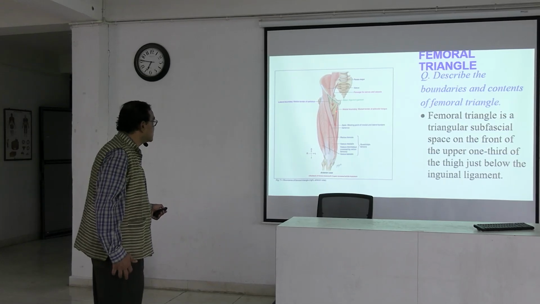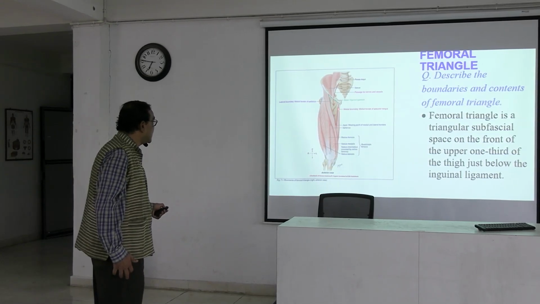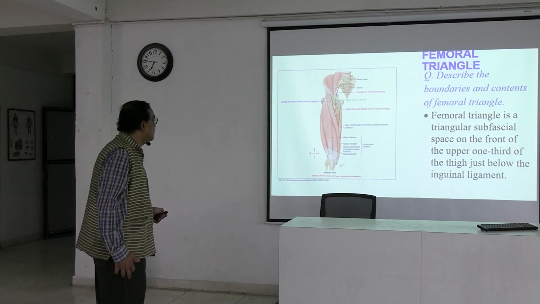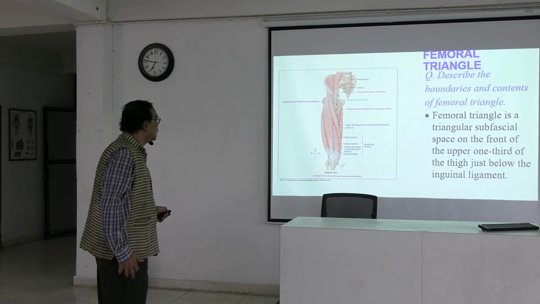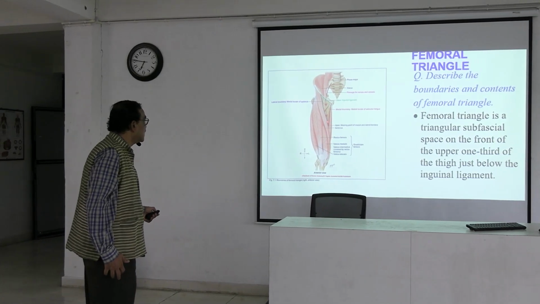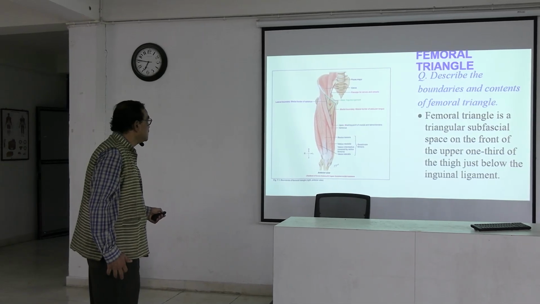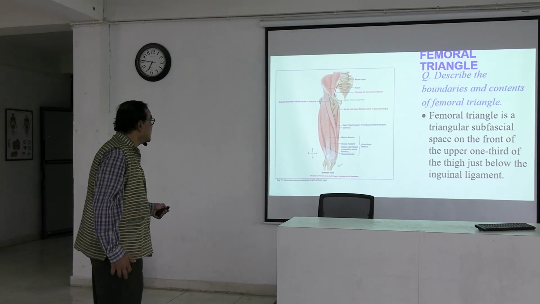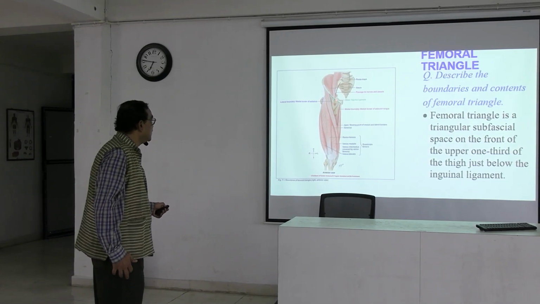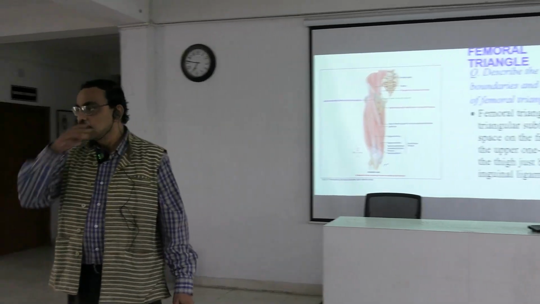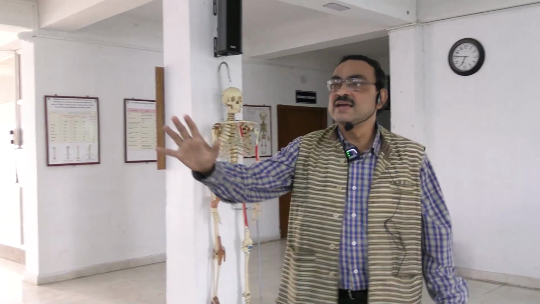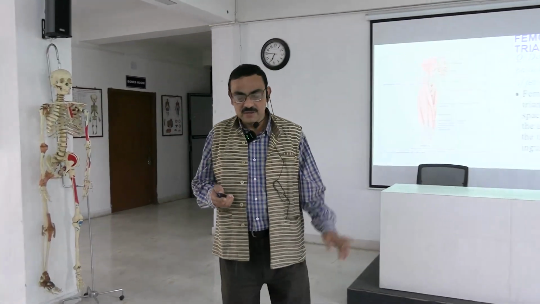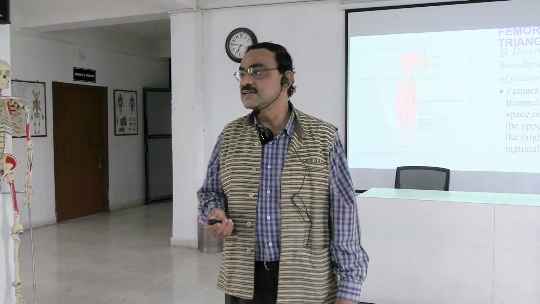So this triangle is formed by the medial border of the sartorius and the medial border of the adductor longus, and they meet and form the apex. The base is formed by the inguinal ligament. The femoral triangle is not a fictitious triangle.